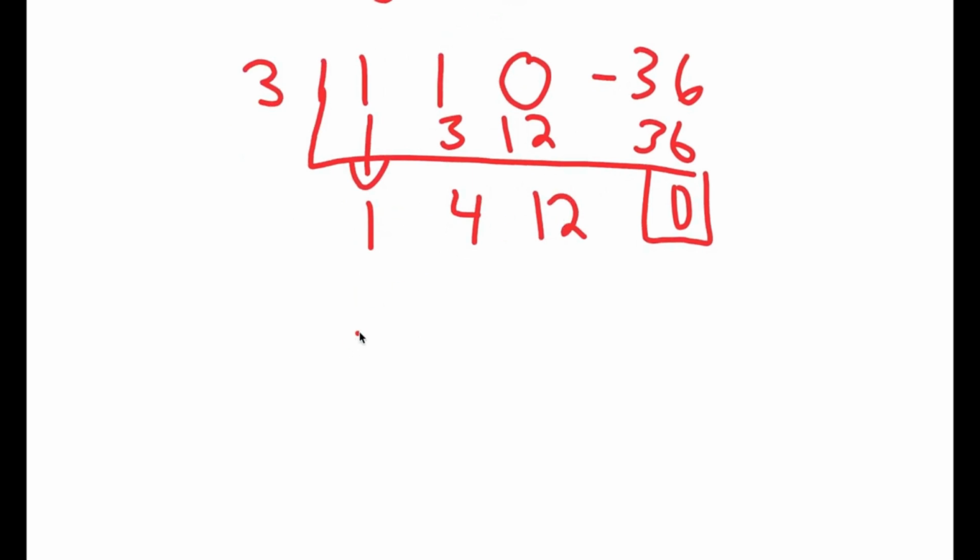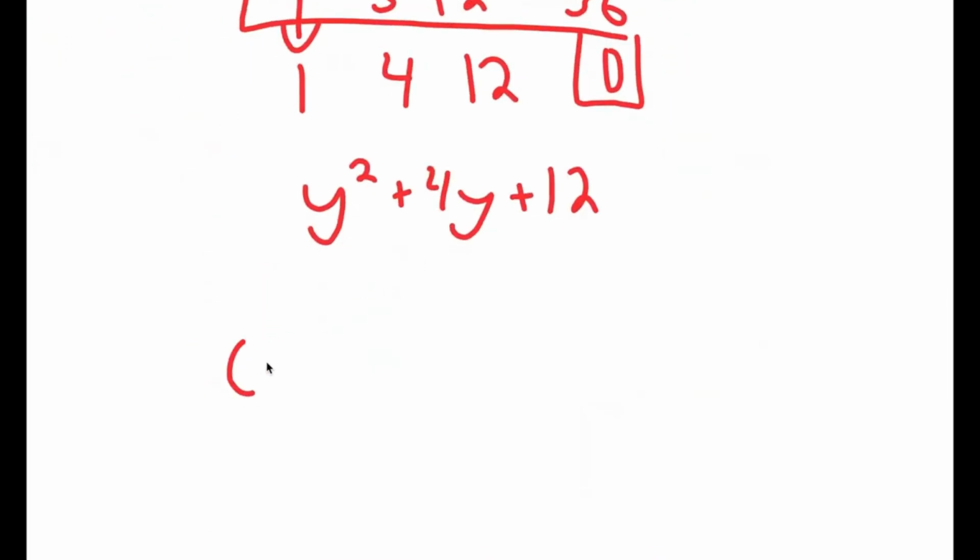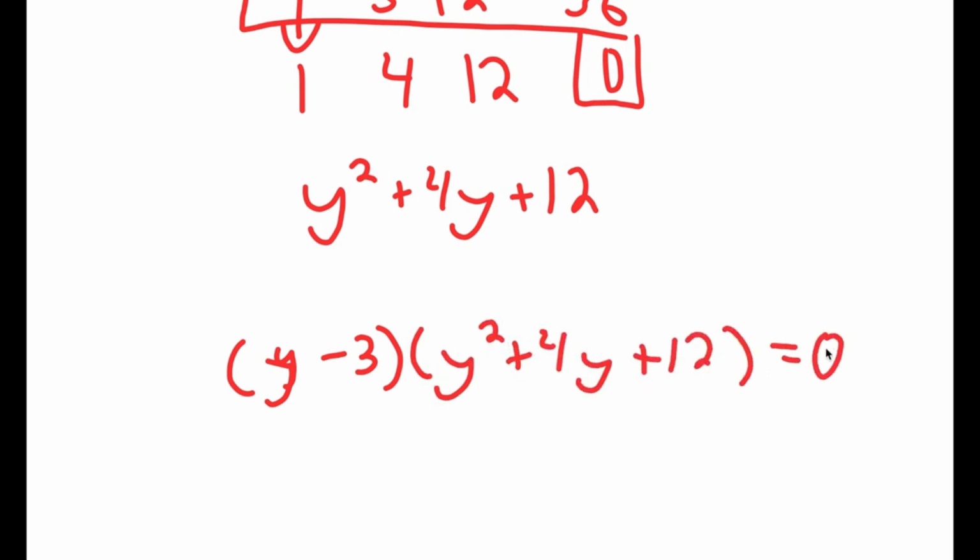And these are going to be my coefficients for my quotient right here. I have y squared plus 4y plus 12, meaning that y minus 3 times y squared plus 4y plus 12 is equal to 0.